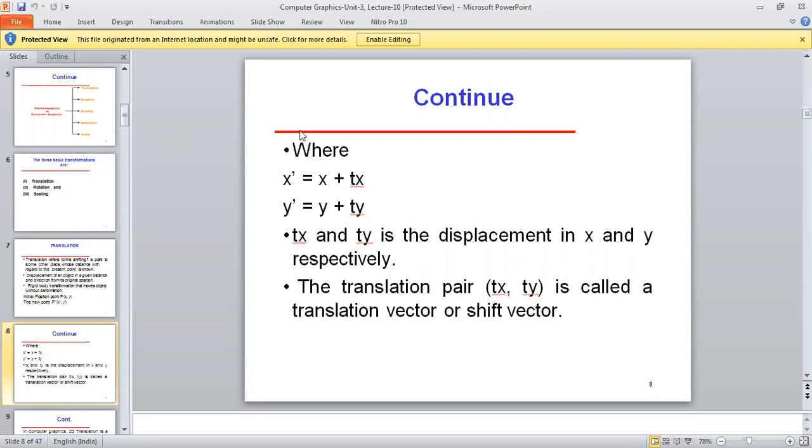What is tx? Tx means translation along the x-axis, the distance which we are going to move.